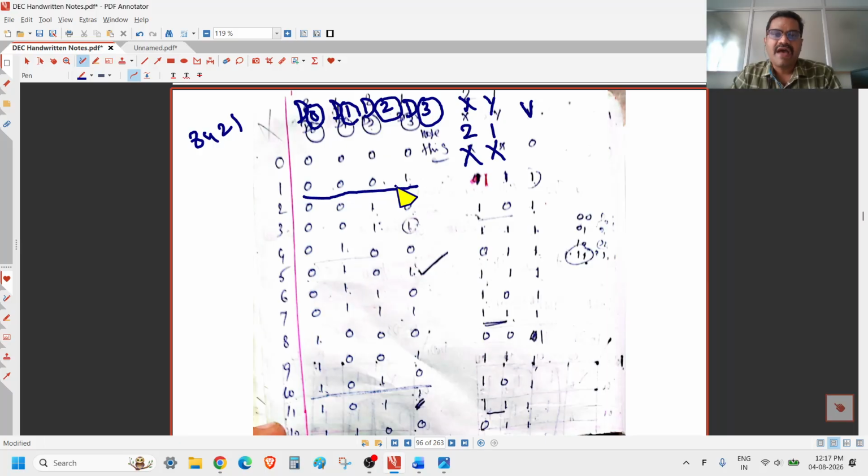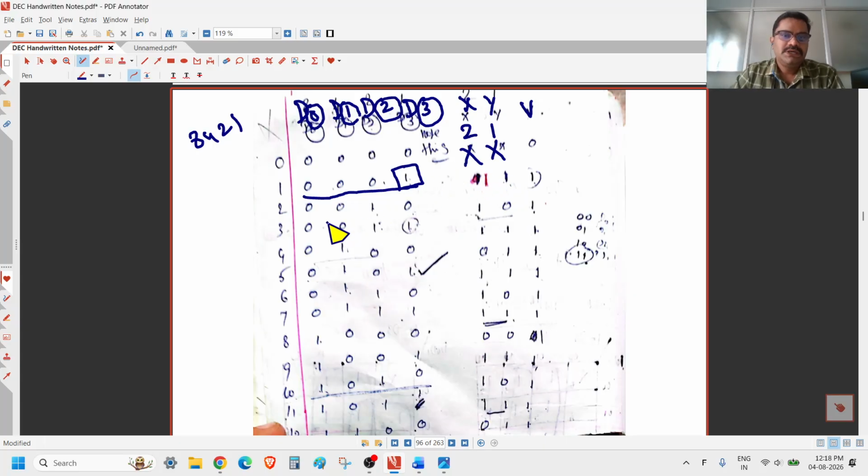Which input has the highest priority? The 1 is here alone, and this one is responsible for 3. So 3 is the highest priority, so you have to mention 1 1 here, because 2 plus 1 is equal to 3.